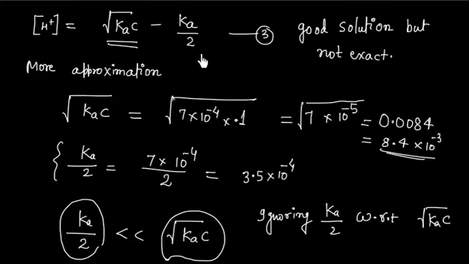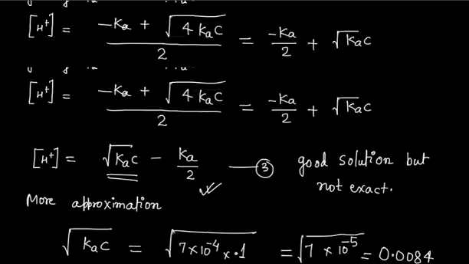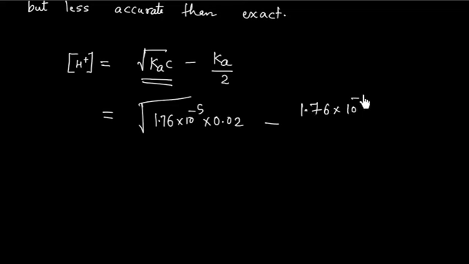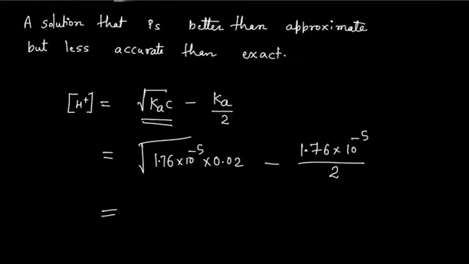Are you getting? So now the same thing, I have under root Ka, Ka is 1.76 into 10 to the power minus 5, and Ca is 0.02, minus Ka, 1.76 into 10 to the power minus 5, and this divided by 2. We can calculate this value also using a calculator.